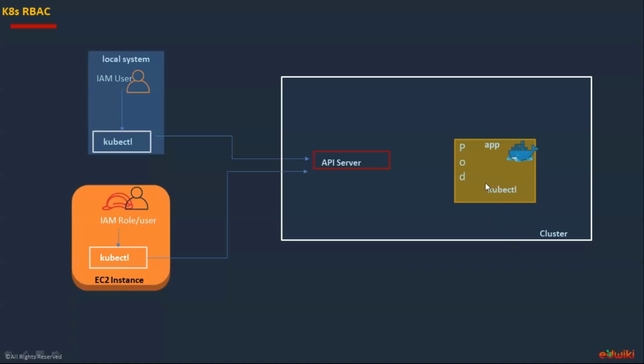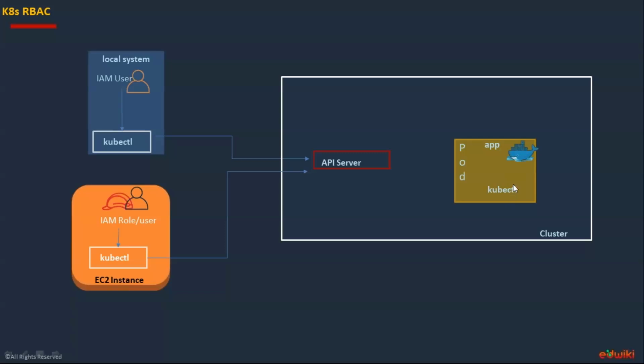Probably from this pod, I need to connect to the API server to do some Kubernetes administrative activities. Getting me, guys? Like sometimes, from the EC2 instance itself, you run AWS commands to connect to AWS programmatically to manage AWS resources, correct? We did that previously, right?